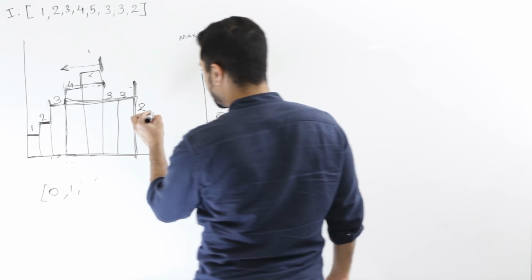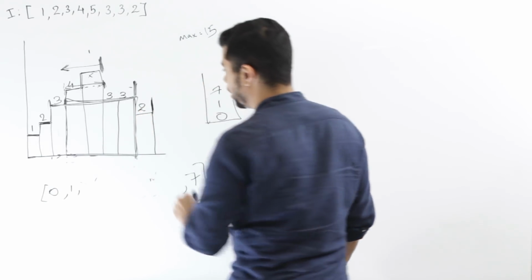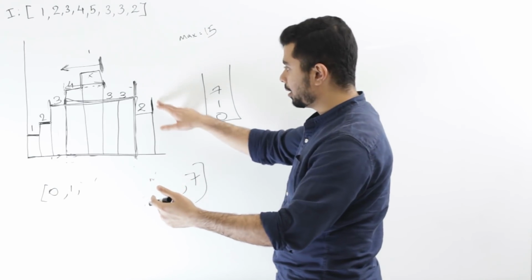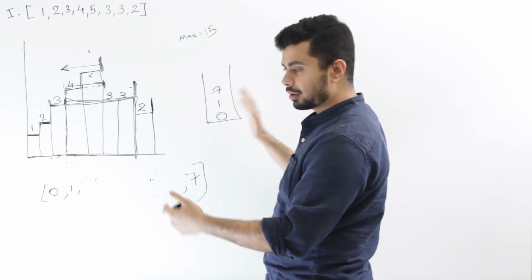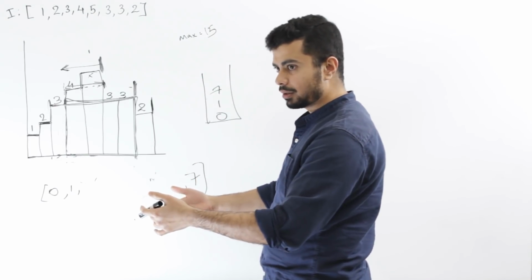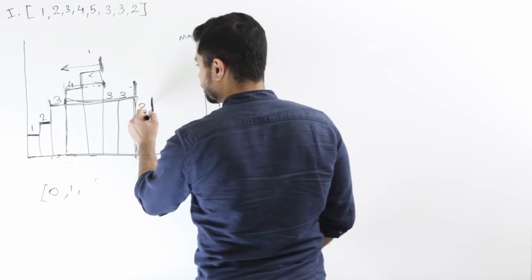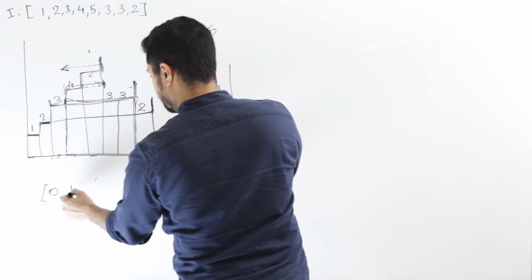In order for me to do so, I'll need to anchor my right point to the index after me. It'll probably be at the length. And I need to go all the way till this one.